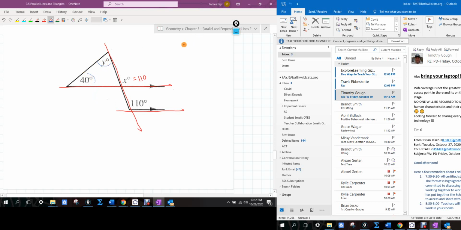Okay. So then I just subtracted 40, which is 70. Good. So y plus 40, those are my remote interiors added together. They should equal 110. Did anybody say, okay, well, if that's 110, then jump in here and say that's 70? And then 40 plus 70 gives me my 110. And I can figure out what y is. Is that okay? All right.